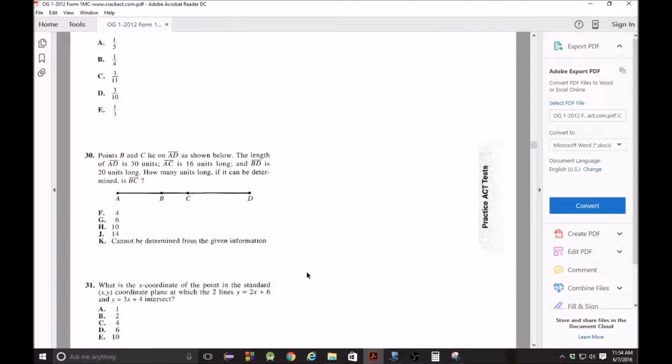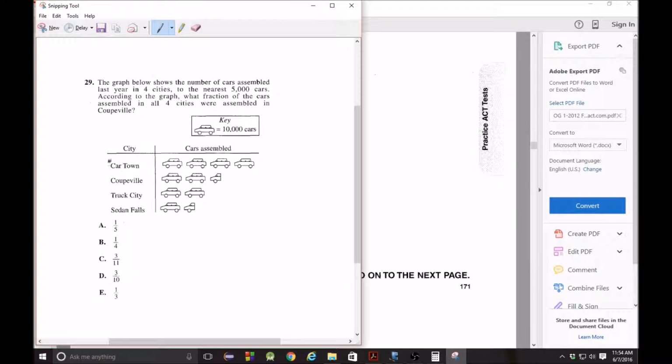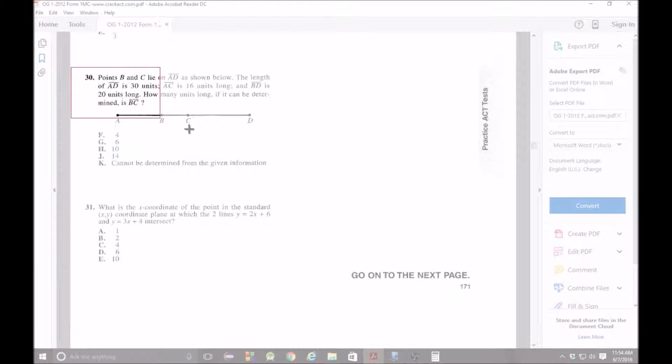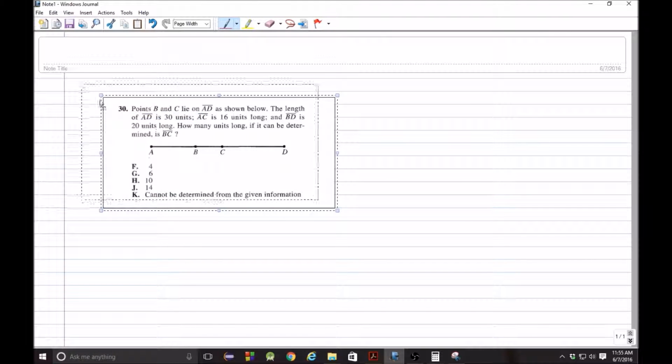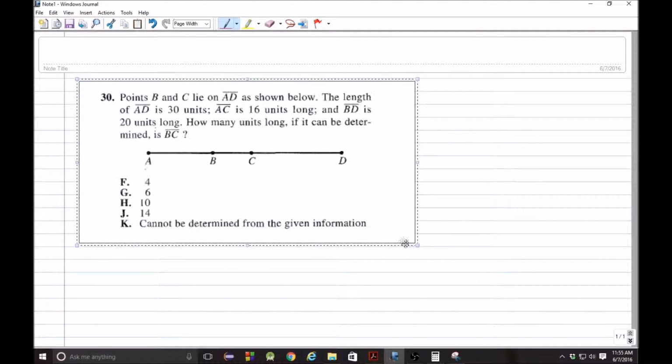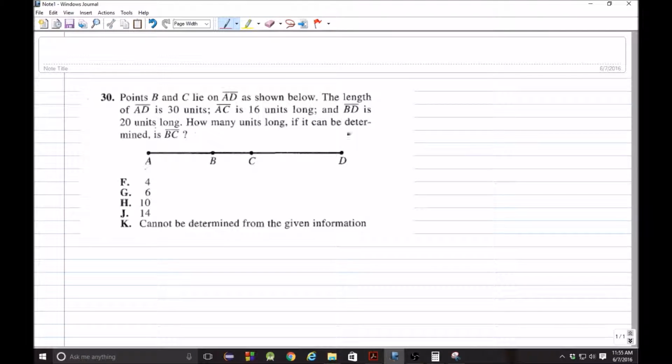So the next question is 30. Points B and C lie on AD as shown below. The length of AD is 30 units. So let's just mark that up over here. AD equals 30, and BD equals 20.